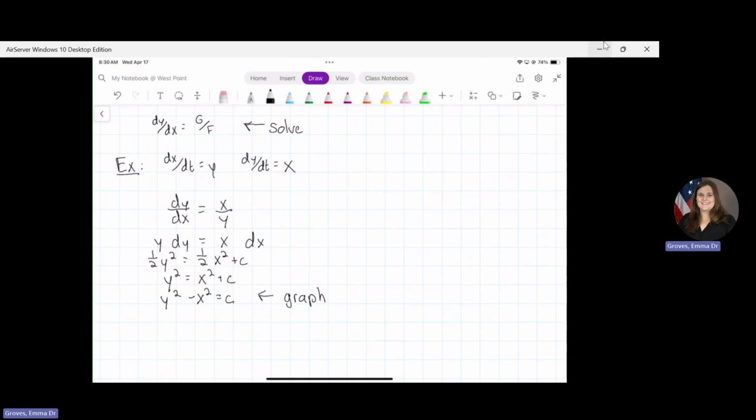Okay. And now we need to deal with this equation. So do you want to substitute in y or x? We have to substitute something in here. What do you want to substitute in? Y equals x. Okay.